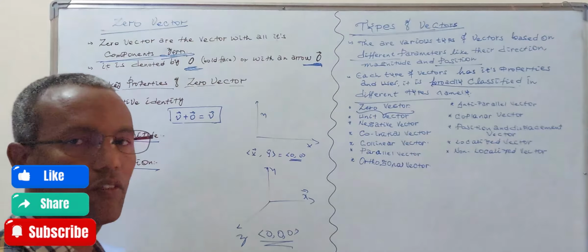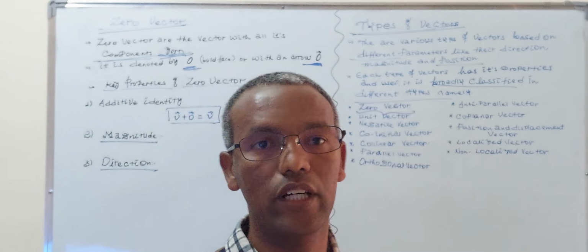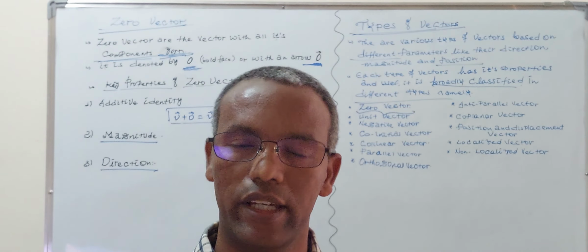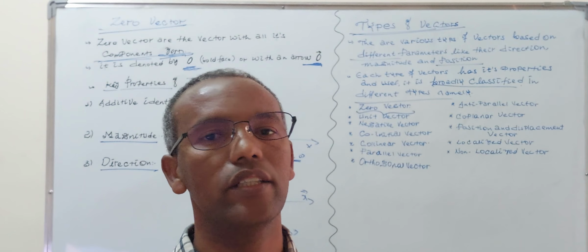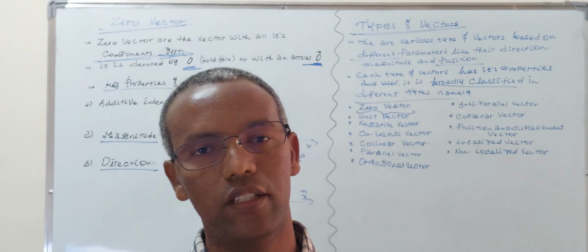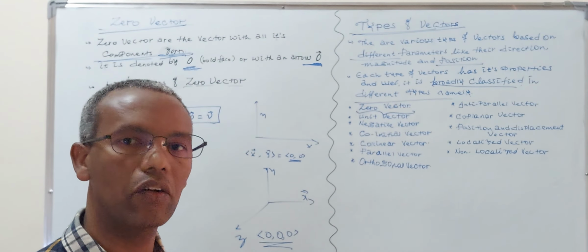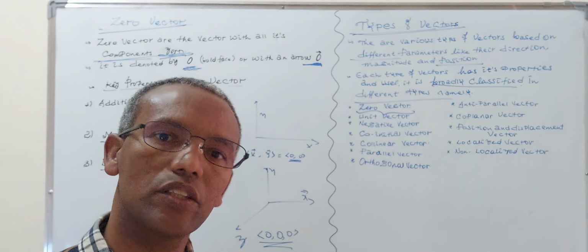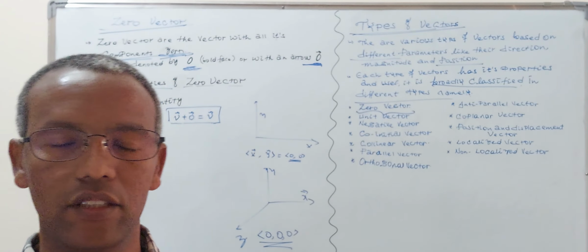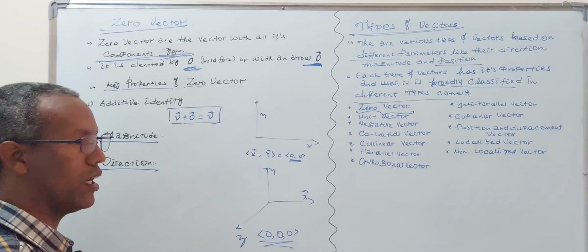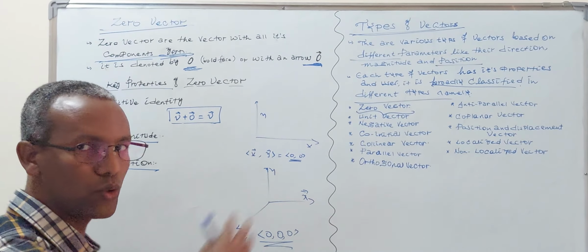And then the direction as well. Another property of this zero vector is direction. Basically, there is no specific direction for this zero vector. You cannot specify a zero vector to north, south, east, or west. You cannot describe a zero vector like 0 to east or 0 to west.